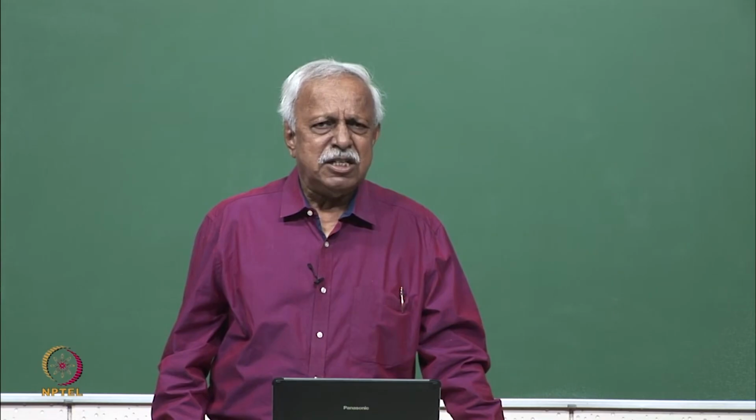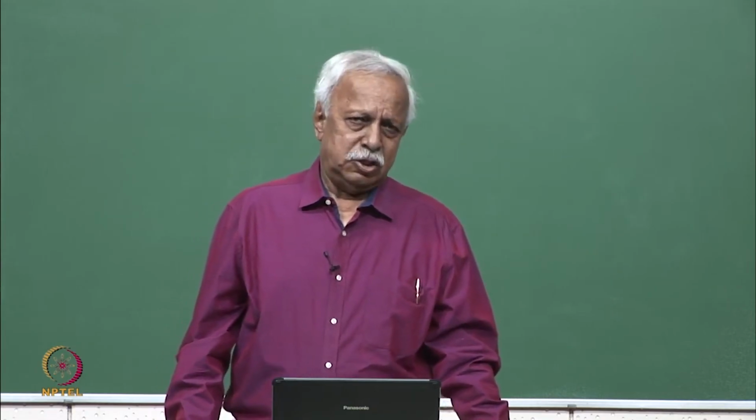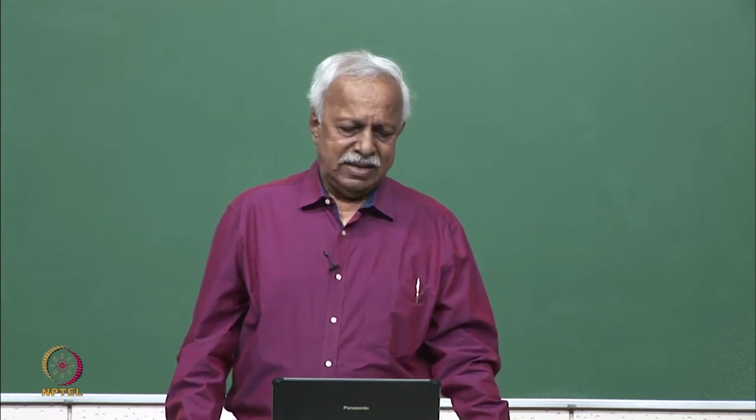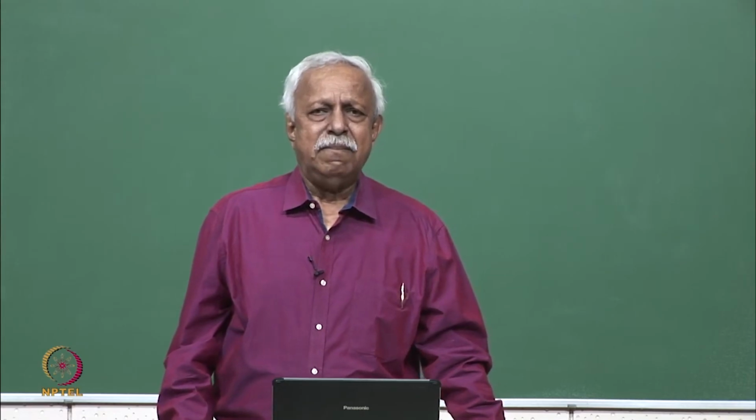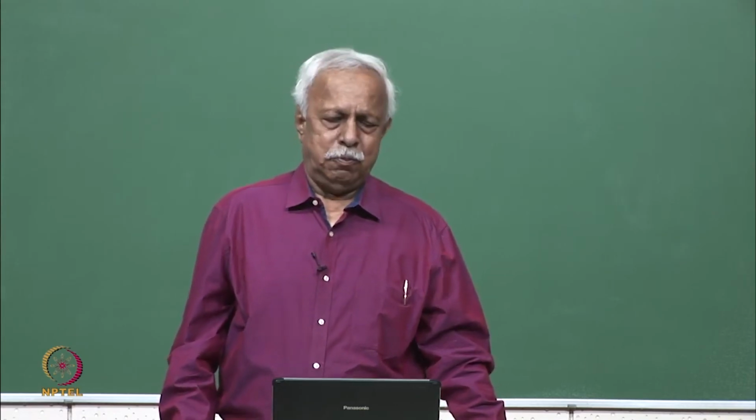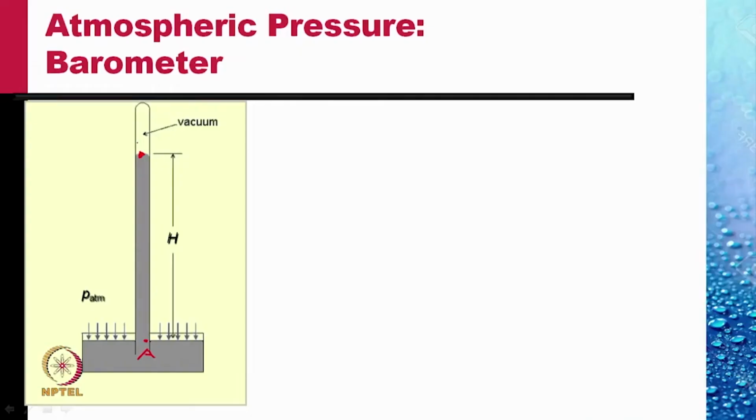But that vapor pressure is quite low, so we can neglect it and treat it as absolute zero pressure. Therefore, the atmospheric pressure must be equal to rho g h, where rho is the density of mercury. So if we know the value of h, we can measure the atmospheric pressure.